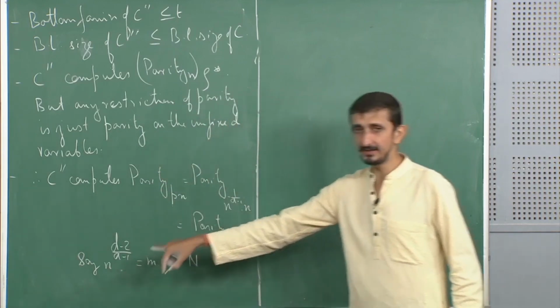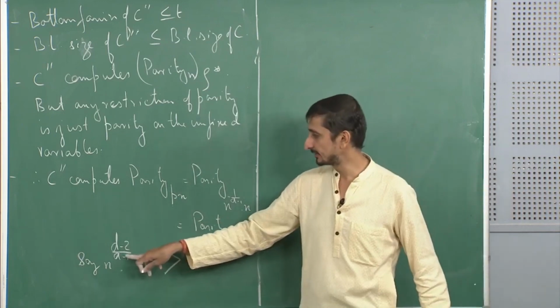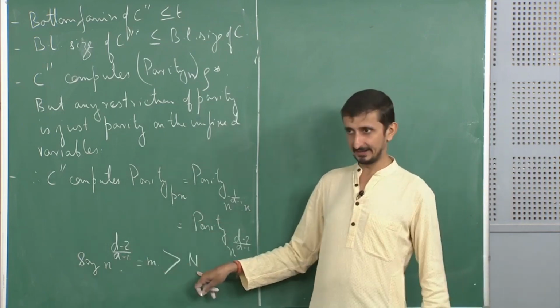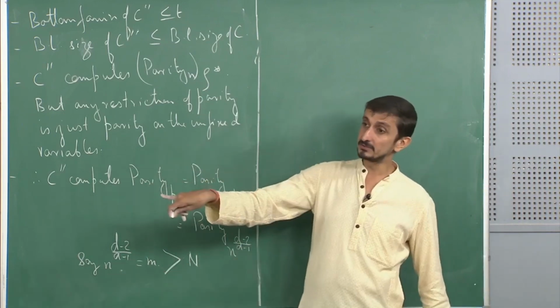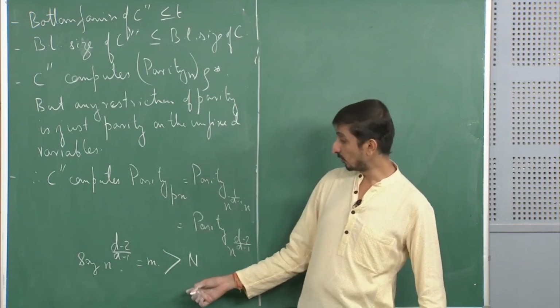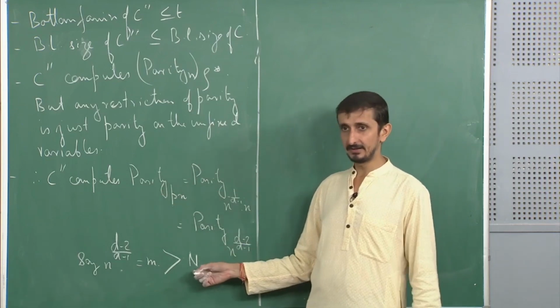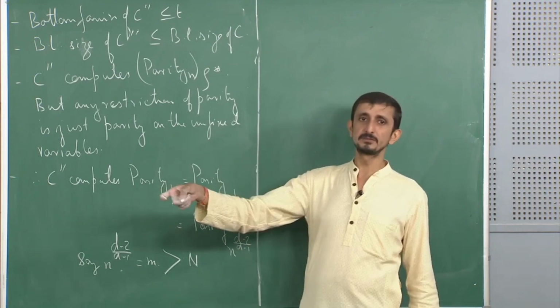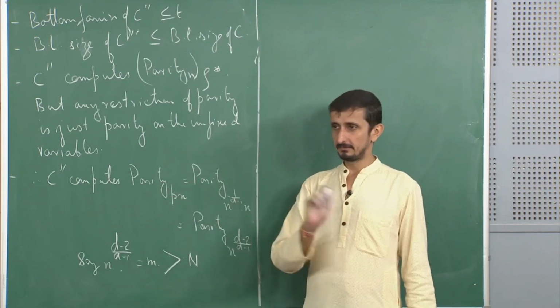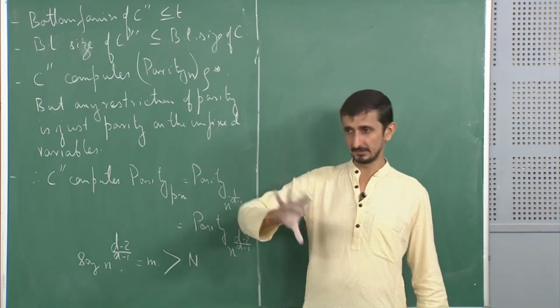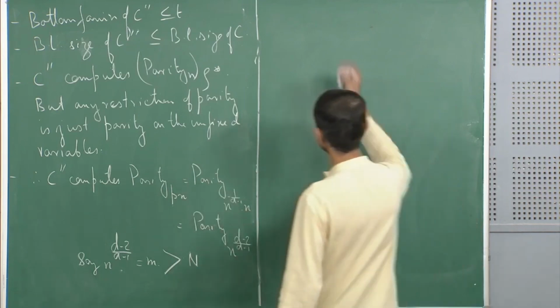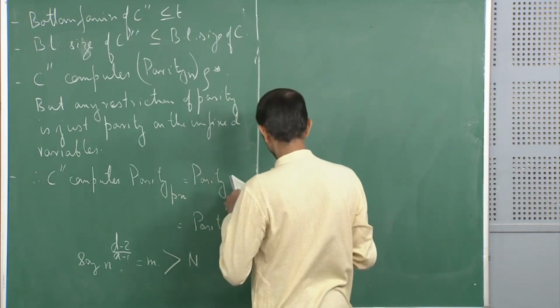Okay, we had chosen n in such a way that n to the power d minus 2 by d minus 1 was greater than n, and our inductive hypothesis was that for all n greater than capital N, there was no depth d minus 1 circuit computing parity having a certain size and a certain bottom fan-in. So, that is the contradiction. Okay.